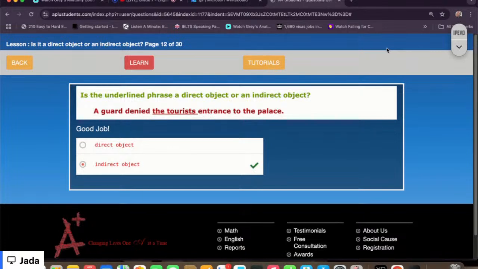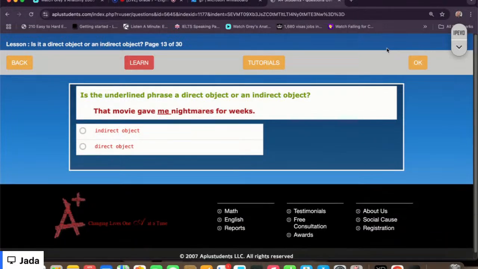So we have indirect. Alright, that's it for our lesson on direct objects and indirect objects. Please tell me if you have any questions.